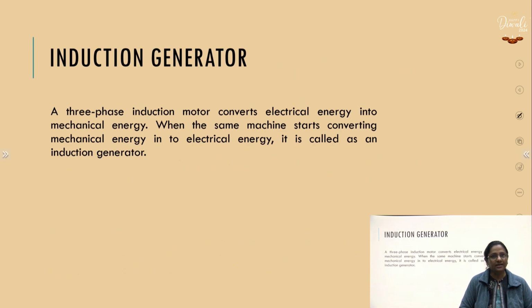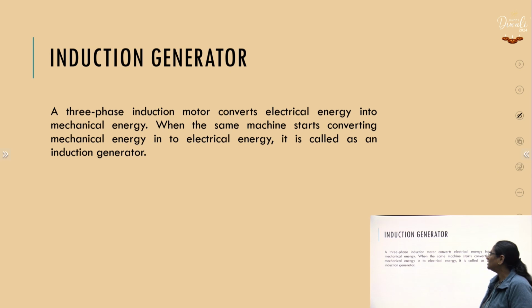Now, moving ahead, let us start with the second topic of the unit, which is the induction generator. So we have to understand the operation of the self-excited induction generator and the doubly fed induction generator. Before going into the details, let us just recall the basic principle of operation of an induction generator.